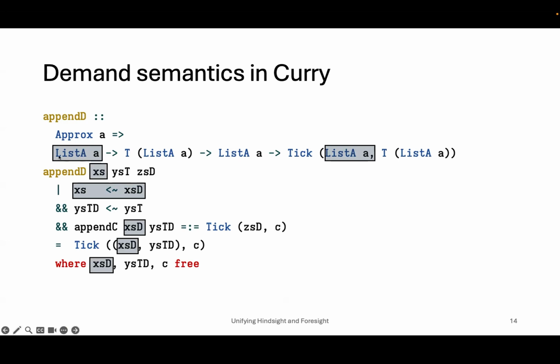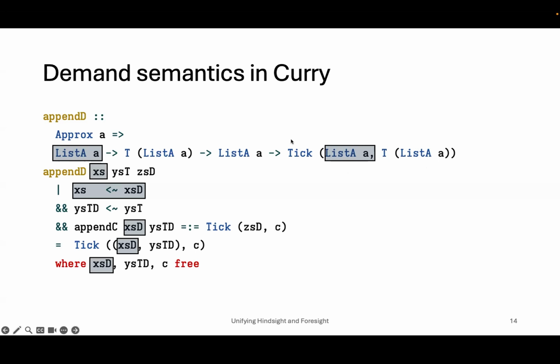We're taking in two list arguments, the values of the lists we're appending together, plus a final list argument that represents the demand on the result of appending these two lists. So it's how much we're going to need. And then we return, in addition to a cost, how much of those two inputs we're going to need. This first element corresponds to a demand on this first argument, and this second element corresponds to a demand on this argument.